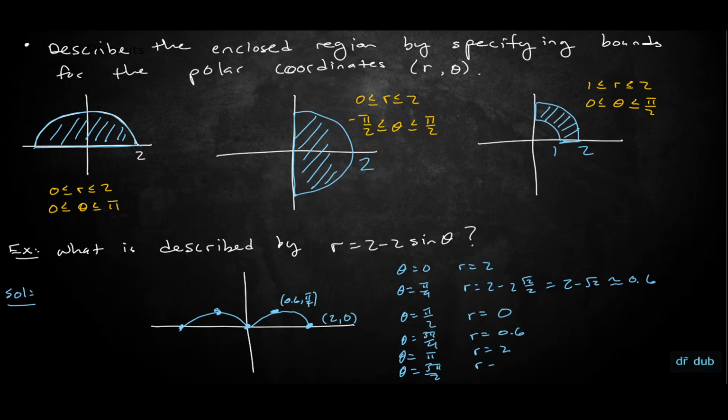We'll get r equals 2 minus 2 times negative 1, just 2 plus 2, which is 4. So actually our r value is much larger. So it's going to look something like this. And there is an inherent direction associated with it because of the changing theta value. But this is what we call a cardioid, because it kind of looks like a heart.